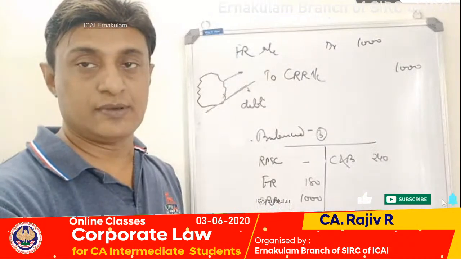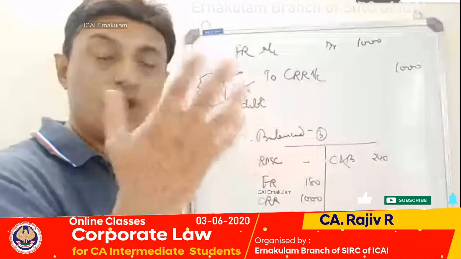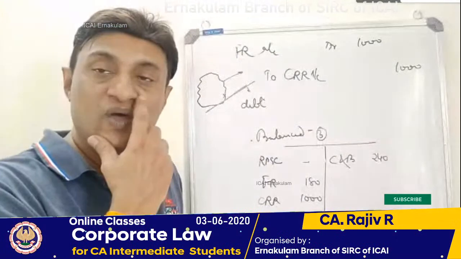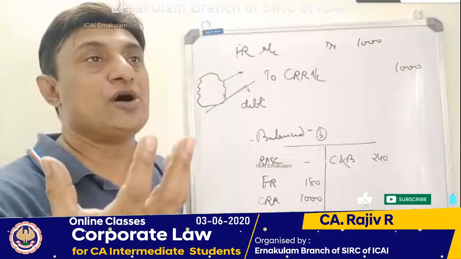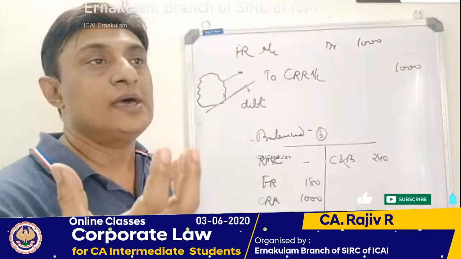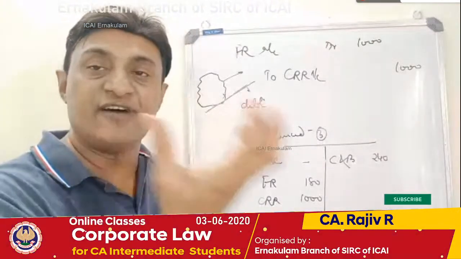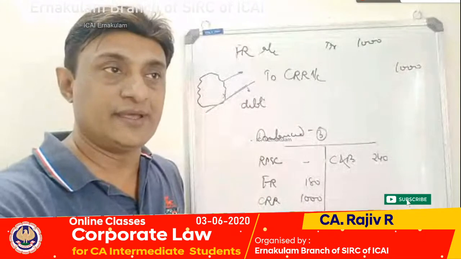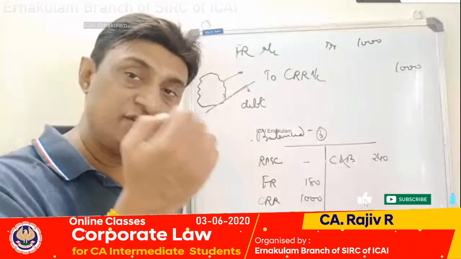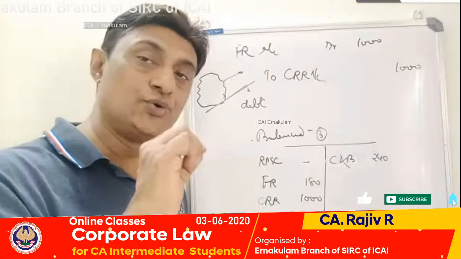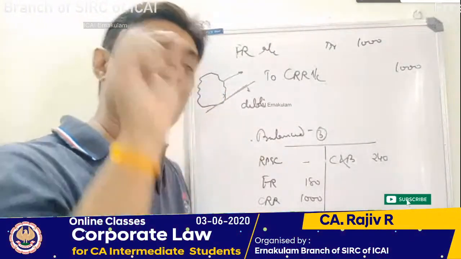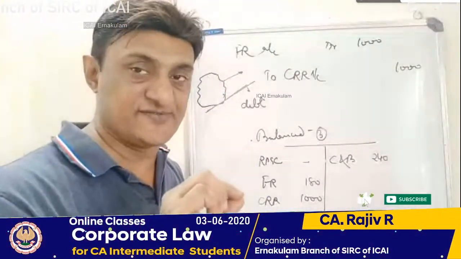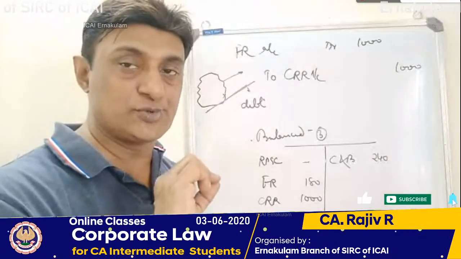Okay, so there are a lot of things that you've learned now in the last maybe 40-45 minutes. The concept of a cash-rich company, a fund-rich company, and a balanced company. A provision in the Companies Act asking you to pass an accounting entry for the utilization of free reserves, otherwise available for distribution as dividend.